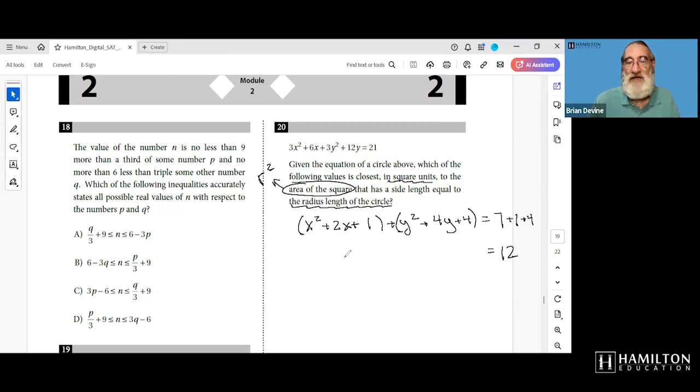So we've got then that x plus 1 squared, plus y plus 2 squared has to equal 12, which is the square of the radius. Oh, that's got to be the area of the square. So 12 is your answer.